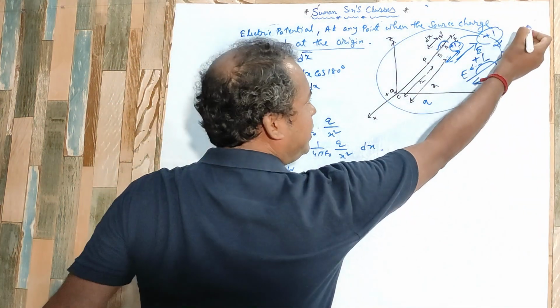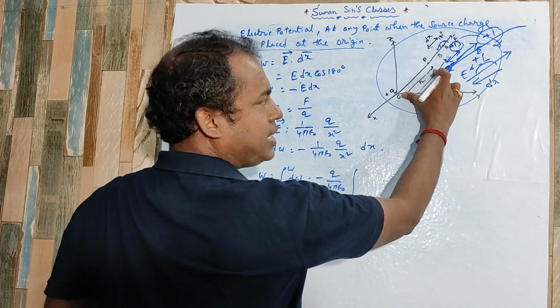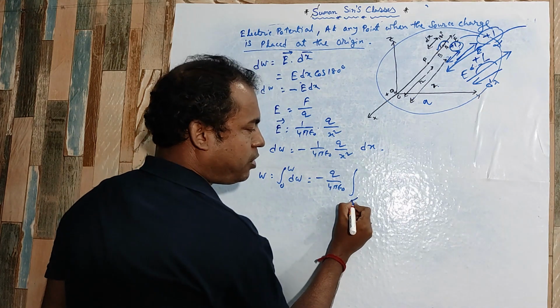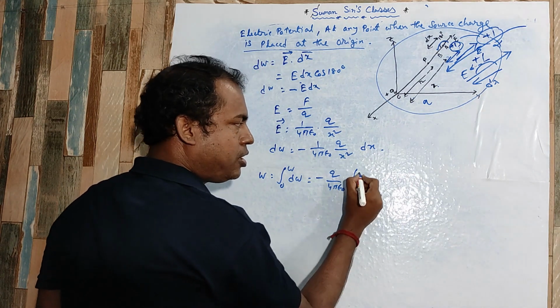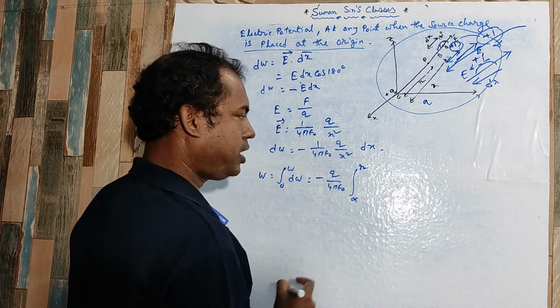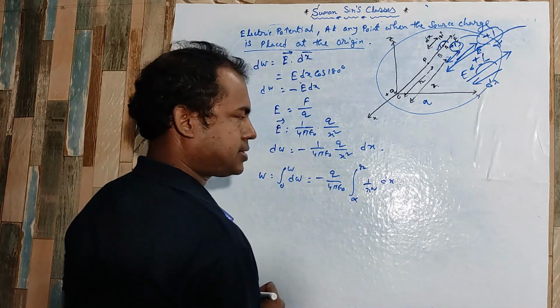The point P is at a distance R. So we write the integration limits from infinite to R, of 1 by x square into dx.